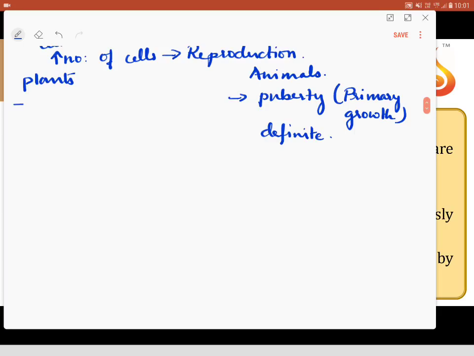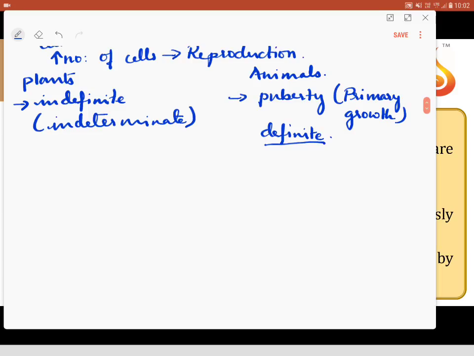But in case of plants, especially in perennial plants, the plant is growing and growing and it grows until death. So, we have an indefinite growth, or we also call it indeterminate growth. Nobody can tell what will be the final height of a given plant. It keeps growing till it dies. But in case of animals, at a certain age, there is the stopping of growing further. So, an animal does not grow further after a given time.